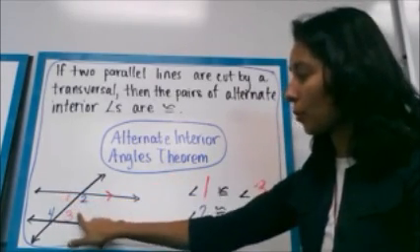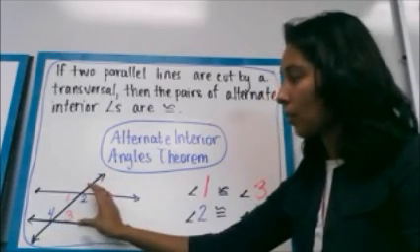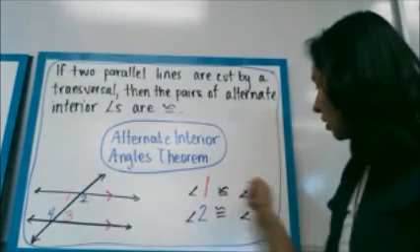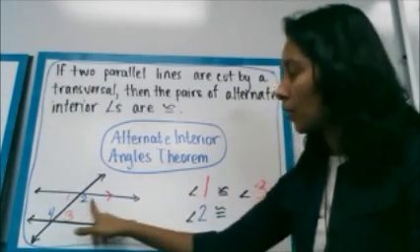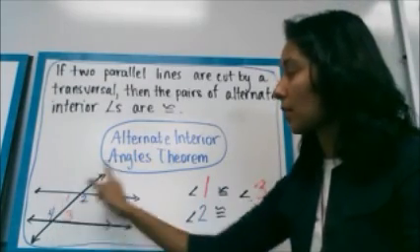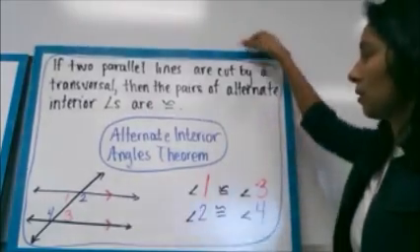So 1 and 3 are on opposite sides of that line that cuts through, and they're both on the inside of the parallel lines. 1 and 3 are congruent. 4 and 2 are also congruent because they're on opposite sides of the line that cuts through, and they're on the inside.